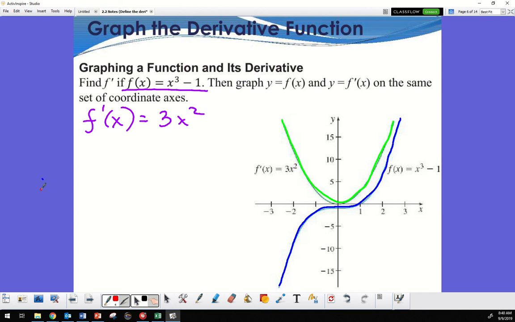Yeah. Okay, so now this is like the big concept here. So let's see if I can find a good one. Right here, at -2, what is my slope?